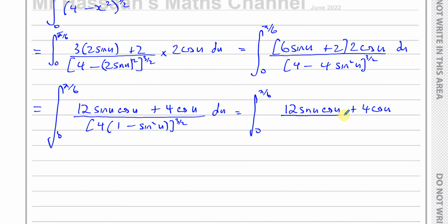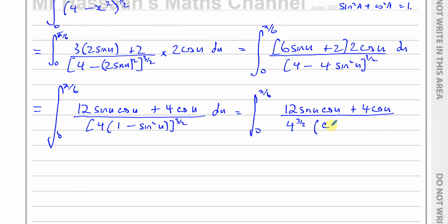Now what I can do is split this up into 2 parts. This is like 4 to the power of 3 over 2, and 1 minus sine squared u. 1 minus sine squared u is the same as cosine squared u because of the identity sine squared a plus cosine squared a equals 1. So I can rewrite 1 minus sine squared of an angle as cosine squared of that same angle.